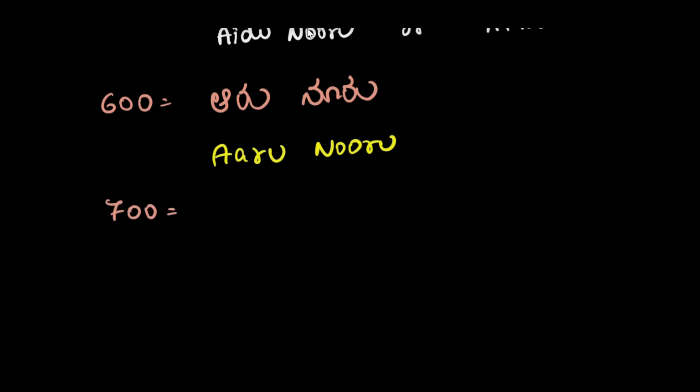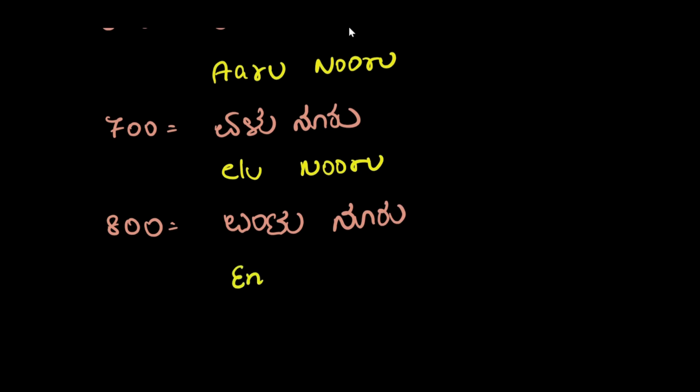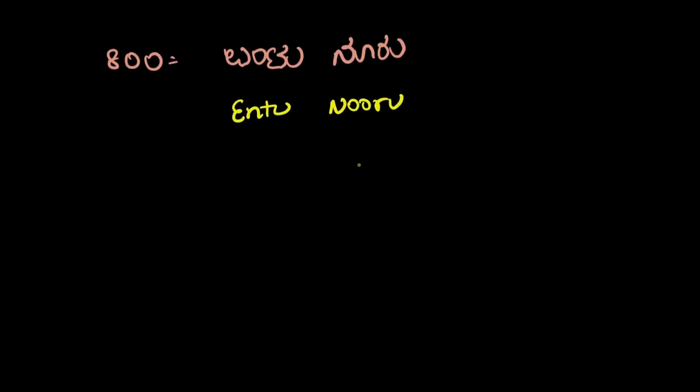Then comes 700: Edu Nooru. And what about 800? 8 is Entu. Entu Nooru. In English, let me write Entu Nooru.